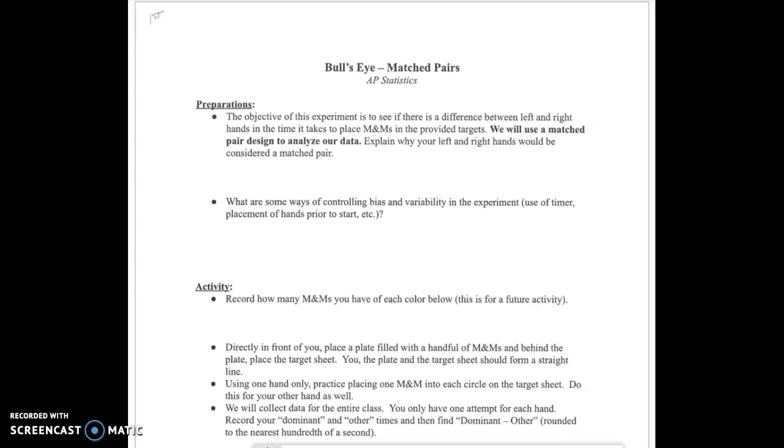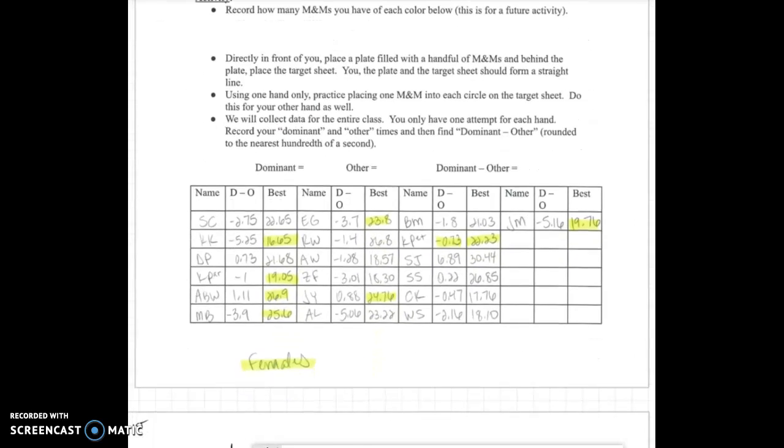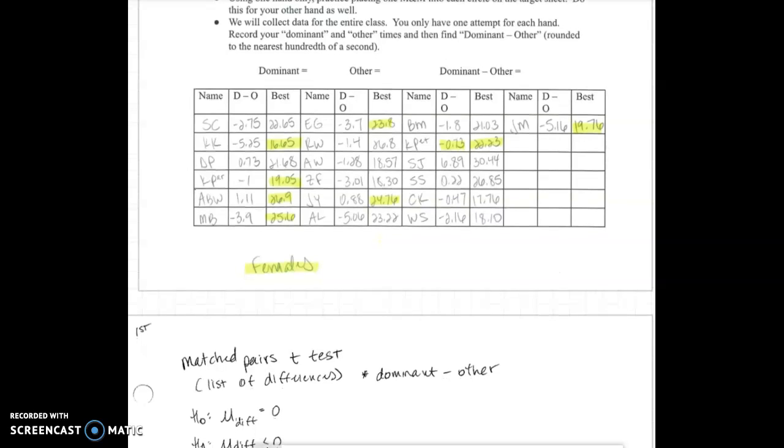If you want to read some more about the activity, you can pause the video and do that. I'll also share this document. This document is actually from a few years ago with a class that was able to collect our data, so you can see initials of everyone listed there.